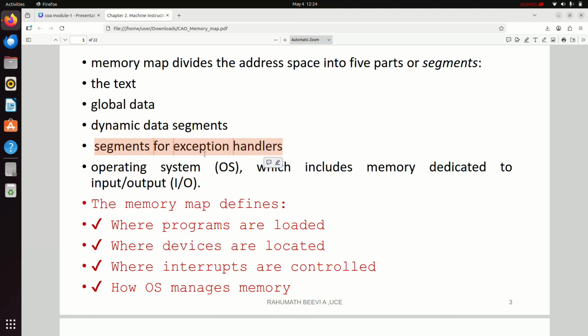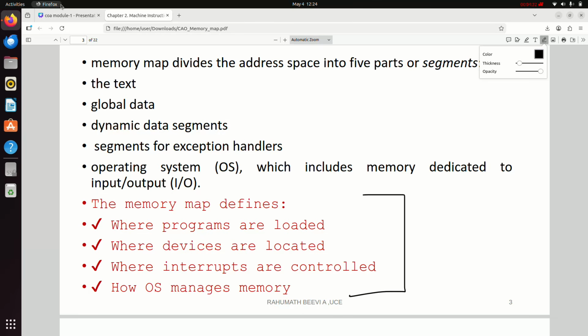Fine. Now we have to understand the different functions of the memory map. Memory map defines these functions: where the programs are loaded, where devices are located, where interrupts are controlled, and how the OS, operating system, manages the memory. So if in your exam the question is what are the functions of the memory map, then you have to say these functions.